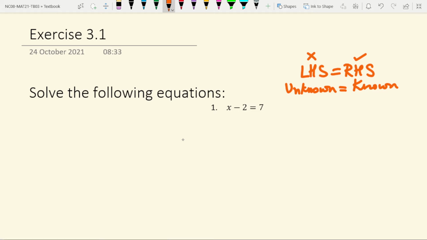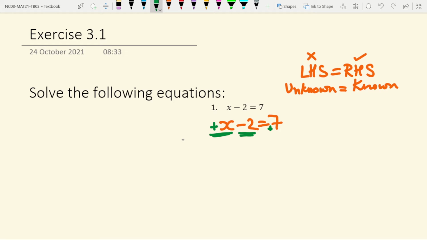The first question given is x minus 2 is equal to 7. First let us identify the terms, and before that, the symbols also. The first term is x, so the symbol of x is plus. So plus x is one term, minus 2 is the next term, and 7 is plus 7, the next term.